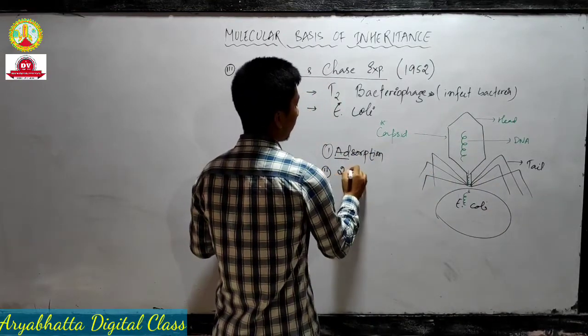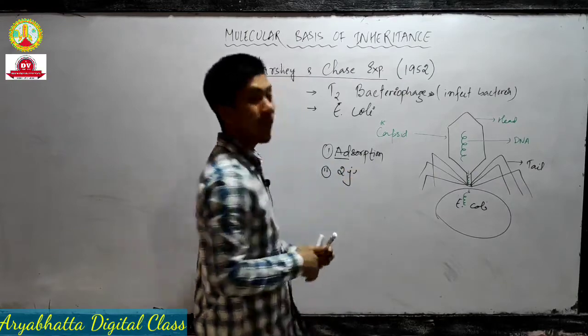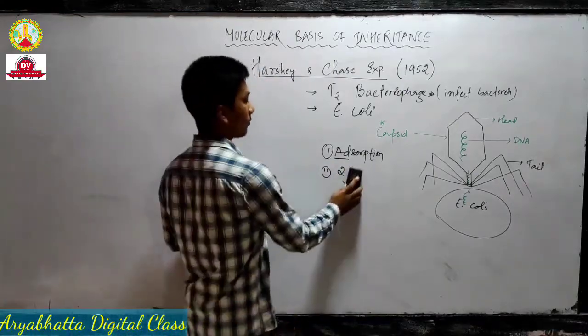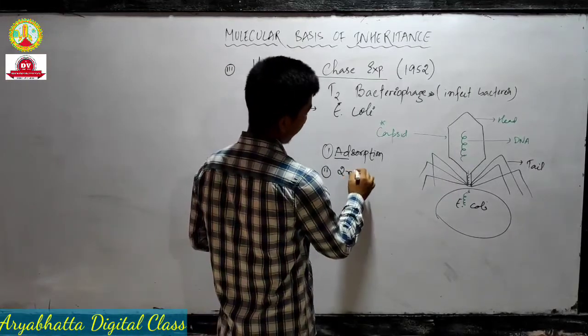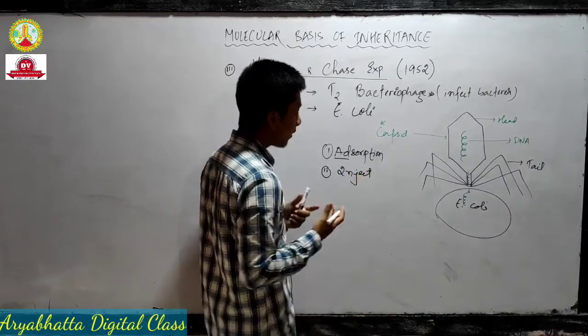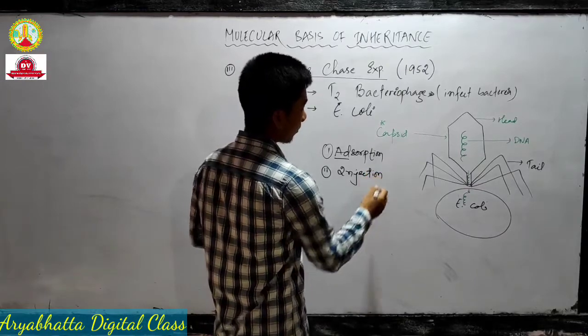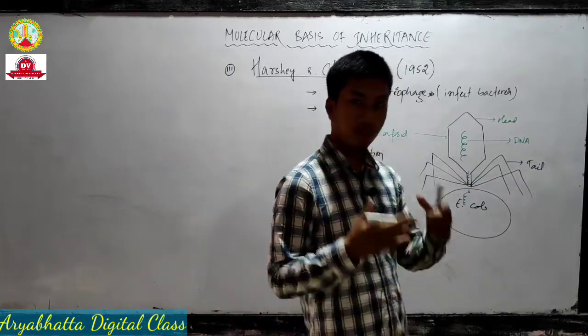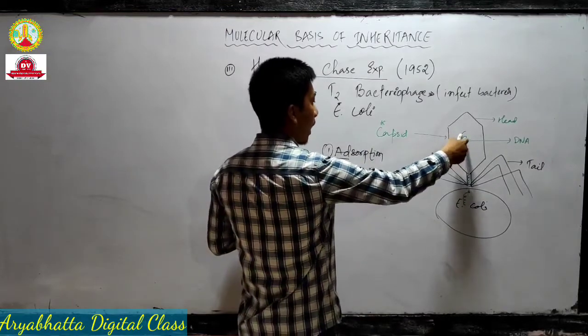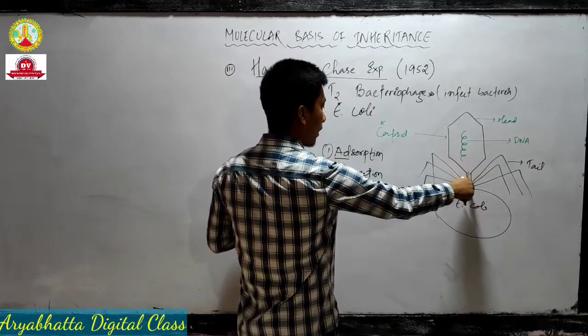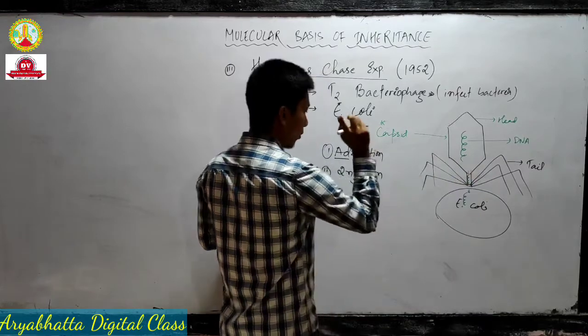Then they will inject. Spelling: inject. So the second step will be injection. Injection of what? Injection of their DNA. They will inject their DNA inside the bacterial body.